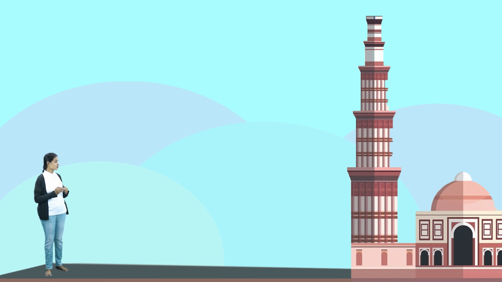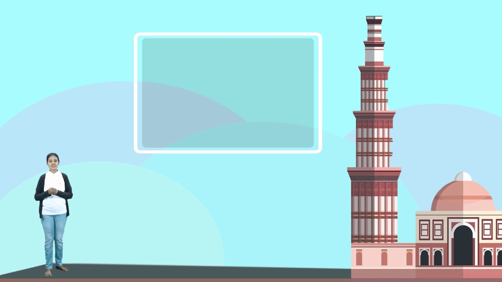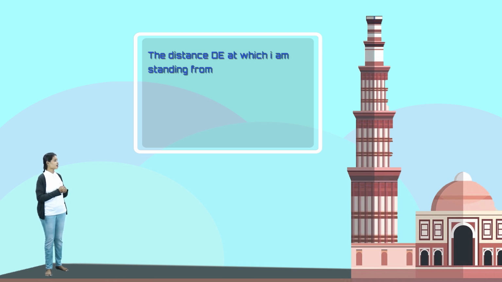Now, if we want to find the height CD, that is from surface to Minar, what information do we need? Mainly, we need the following points. First one, the distance DE at which I am standing from the foot of the Minar.